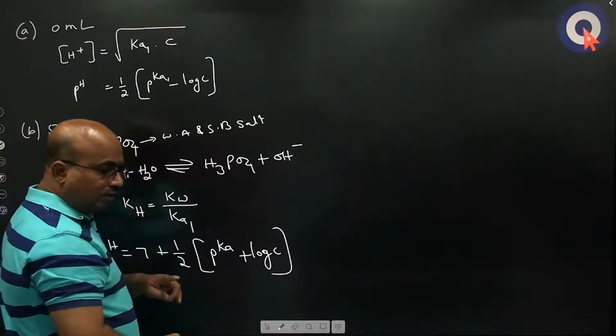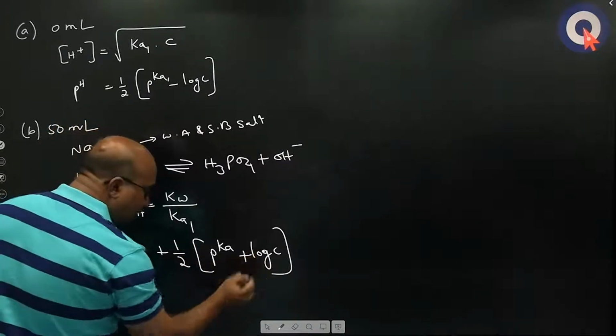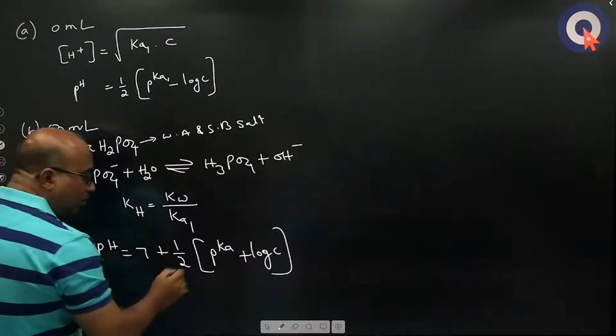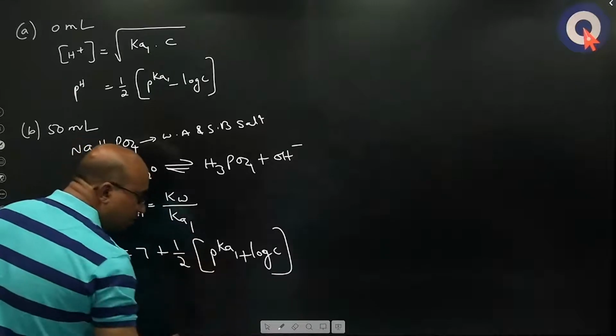It's the concentration of the ion which undergoes hydrolysis. So what is that ion here? It's nothing but H2PO4 minus. But what is this Ka? It's the first ionization constant, that is Ka1.